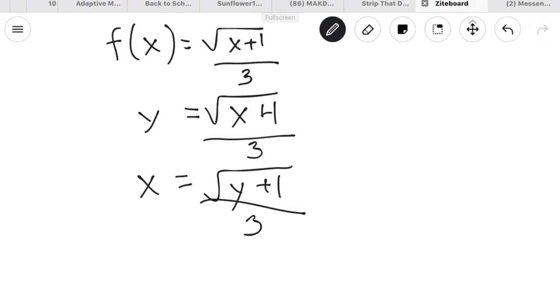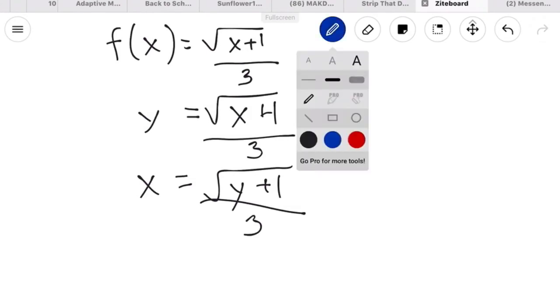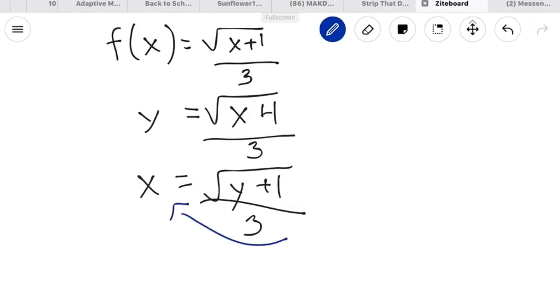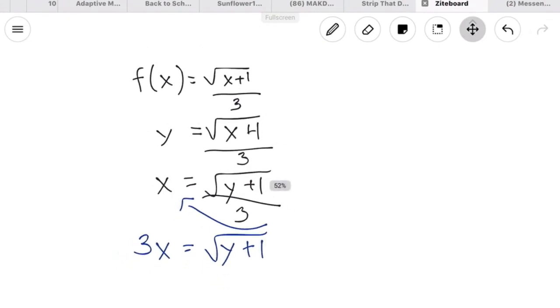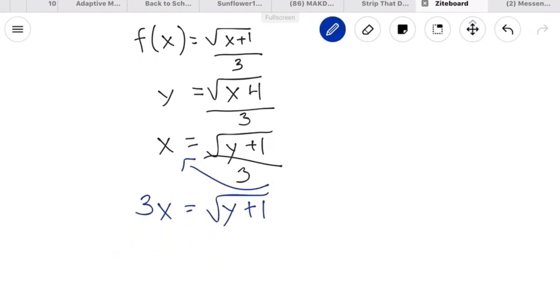So to remove the 3 here, let's multiply the 3 by x. So it becomes 3x equals square root of y plus 1. And then we need to square both sides.